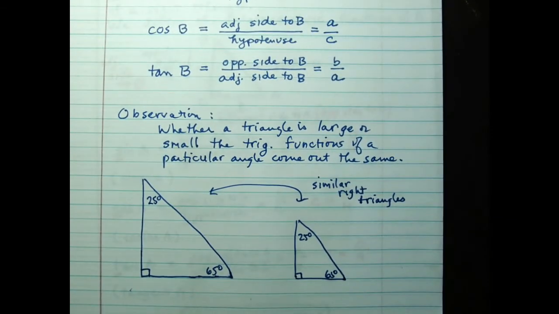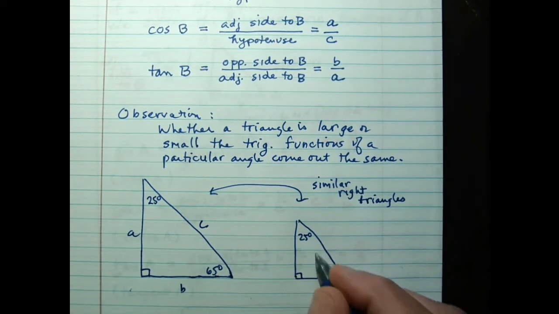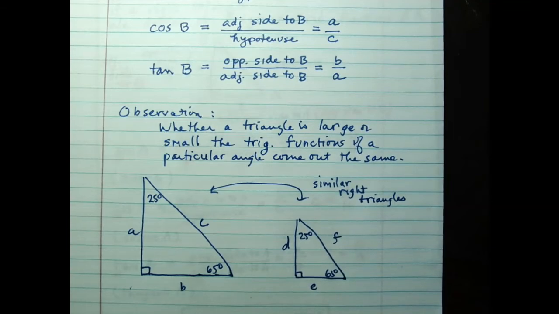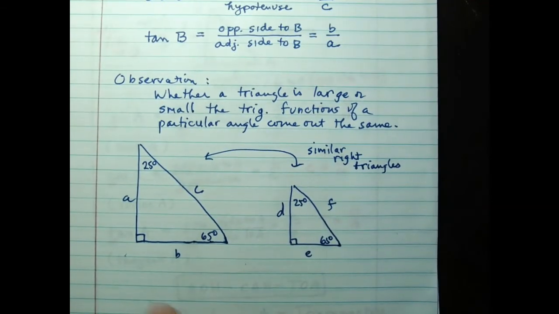And I want to label the sides of the first, so I'm just going to label it little a, little b, little c. Now I can't use a, b, c again because the smaller one has different sides, so I'll use d, e, f. And so what we will call the sine of 65 degrees, this ratio, this fraction that we get, could be calculated from either one of these triangles.